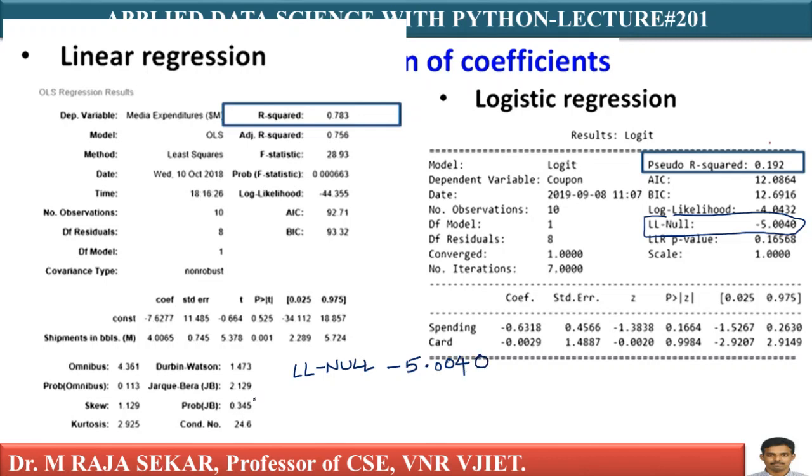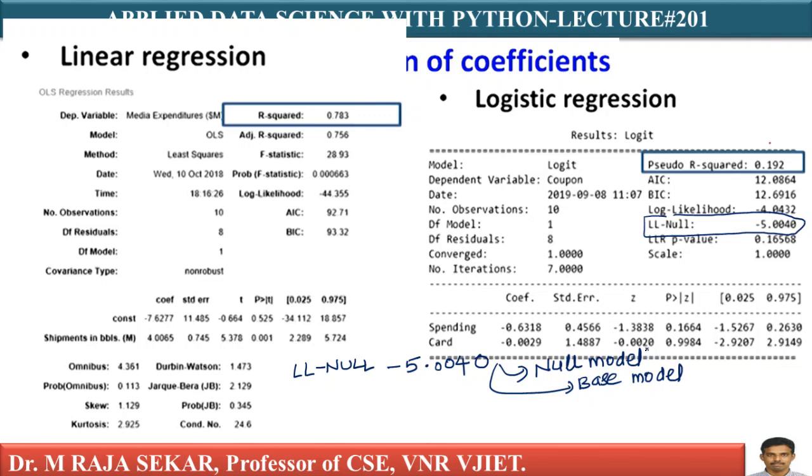That is my LL null. This is the null model, a model with no independent variable. Another name for this is the base model. Base model or null model, a model without independent variable.